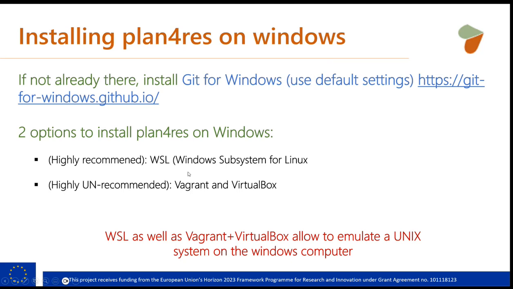The first one, which is highly recommended, is to use WSL, Windows Subsystem for Linux. And the second one, if you cannot use WSL, is to use Vagrant and VirtualBox. Although this is not recommended as it makes everything extremely slow.